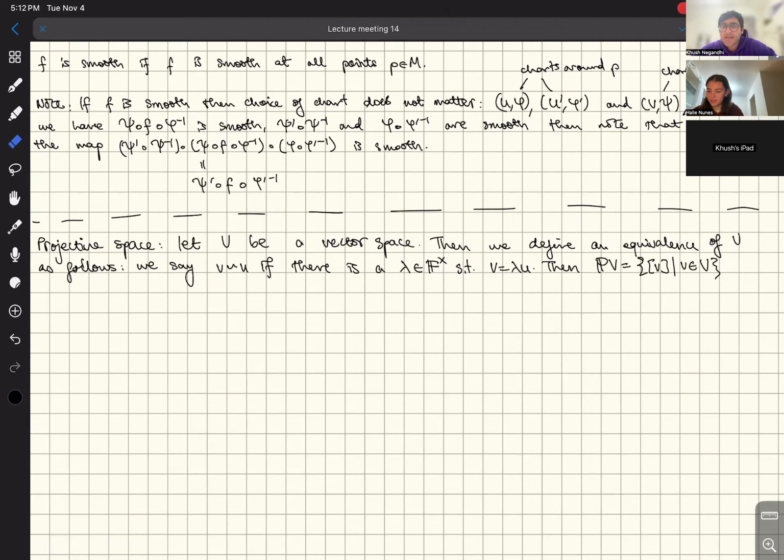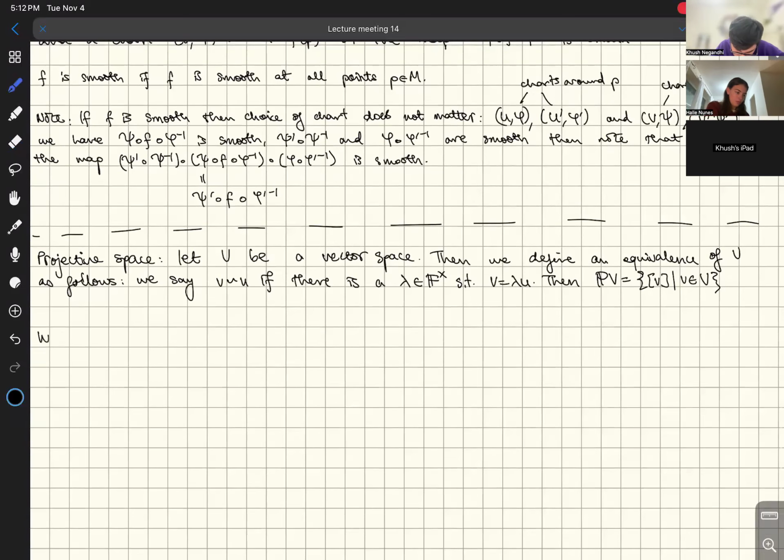I will outline in the problem sheet how to prove that this is in fact a manifold. But for that, we'll first have to show that vector spaces are trivially manifolds. Actually, let's do that.